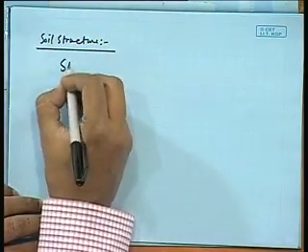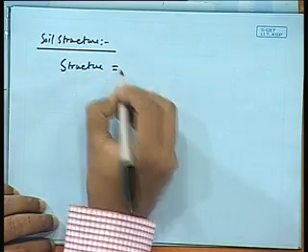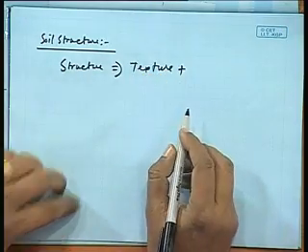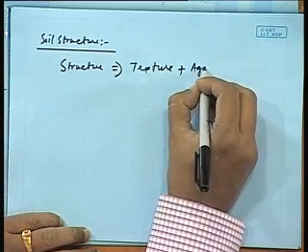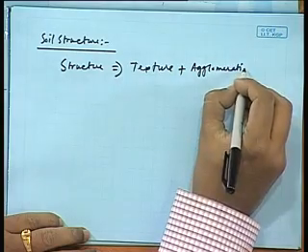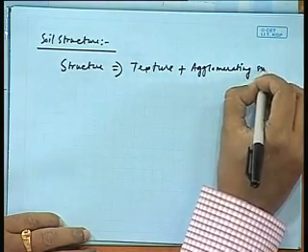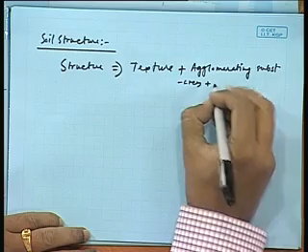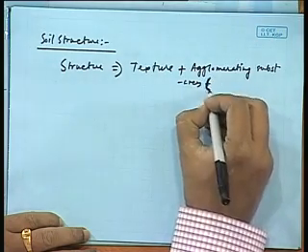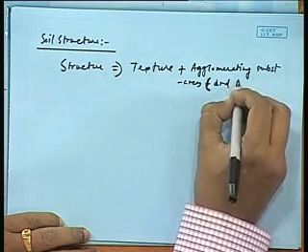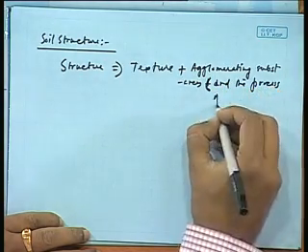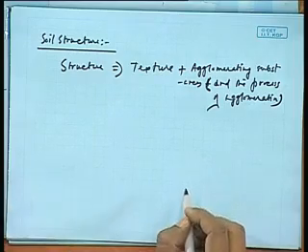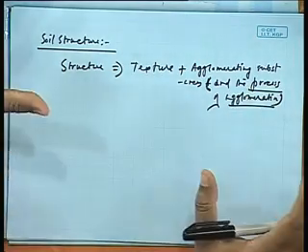Structure can be called texture plus the agglomerating substances and the process of agglomeration. This process of agglomeration is important.